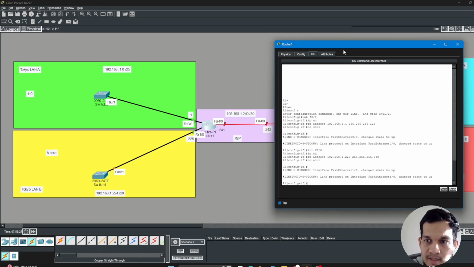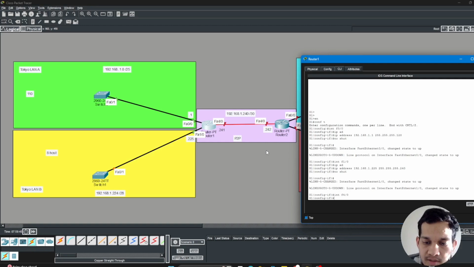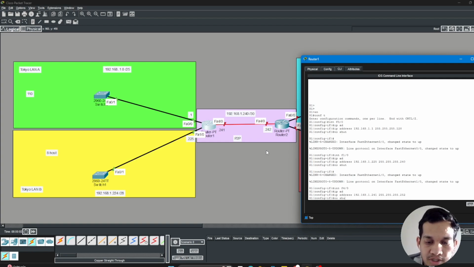And then let's configure one more last interface, the point-to-point. We have a network of 192.168.1.240/30. I'll configure an IP of 241 on interface F4/0. So the IP address is 192.168.1.241, and /30 will be 255.255.255.252, and then no shut.